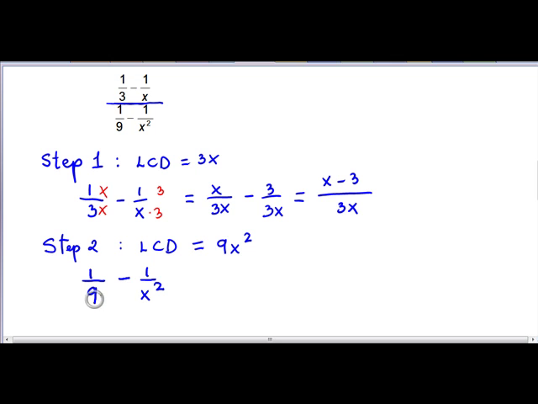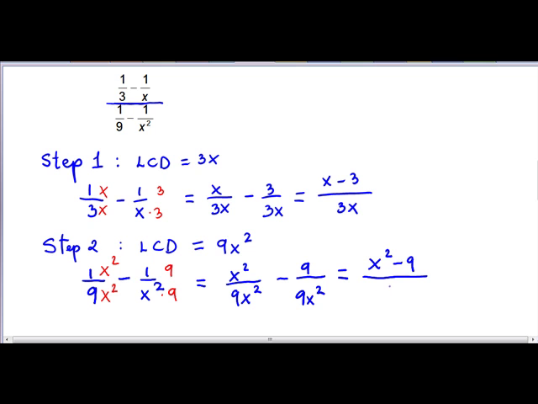Now we want 9 to become 9x squared, so we multiply by x squared on the top and bottom. For the other one, we need to multiply by 9. So I have x squared over 9x squared minus 9 over 9x squared, which is x squared minus 9 over the common denominator, 9x squared.